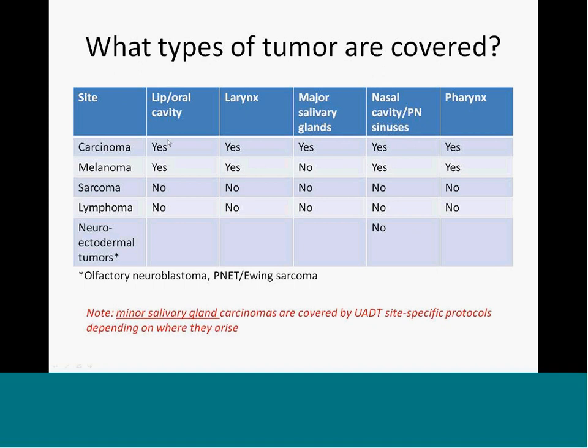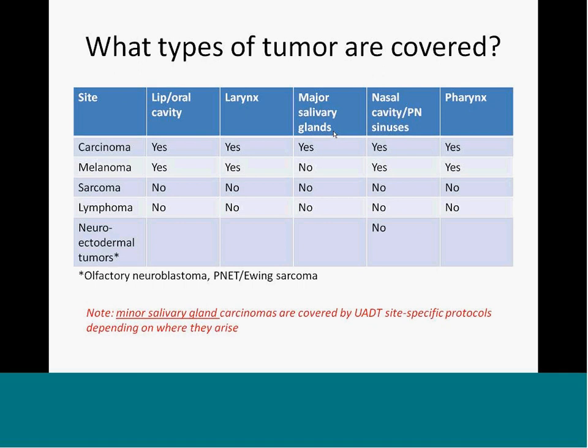Melanoma is covered in the lip and oral cavity protocol, the larynx protocol, the nasal cavity and paranasal sinus protocol, and the pharynx protocol. The major salivary gland protocol doesn't cover melanomas. Most melanomas that I see in the salivary glands are obviously metastatic melanomas to intraparotid lymph nodes, not primary melanomas.